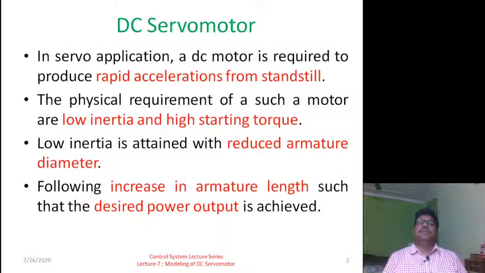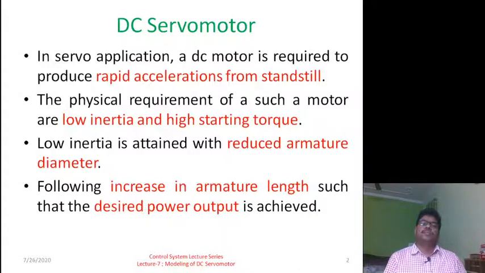If a DC motor is used as a servo motor, then it needs to produce a rapid acceleration from the standstill. So for this we have to change its physical design.